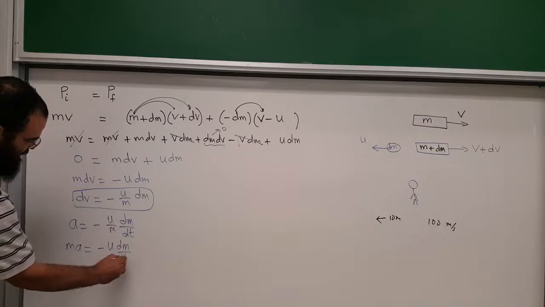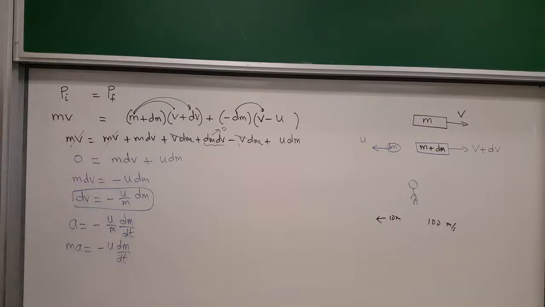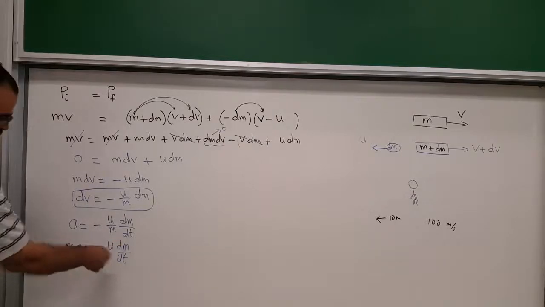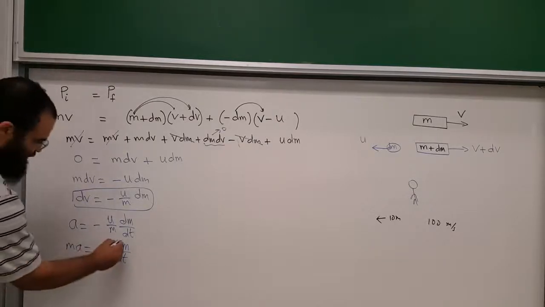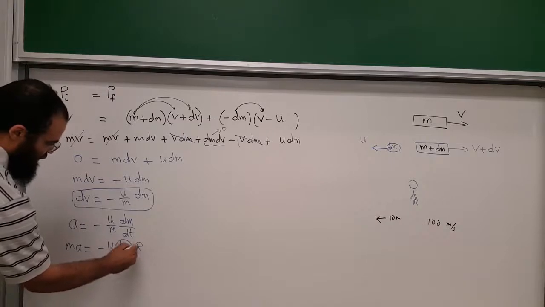This quantity dm over dt, the magnitude of it, is called r. I forget what the term was for it. Okay, it just stands for the rate at which the fuel is burned. I don't see a name for it. So dm over dt is just how quickly you're burning the fuel. And this rate will typically be constant. dm over dt will be some constant number, usually called r here.